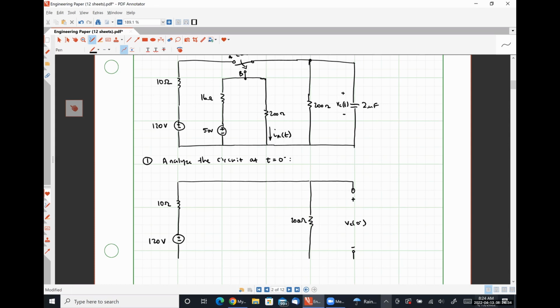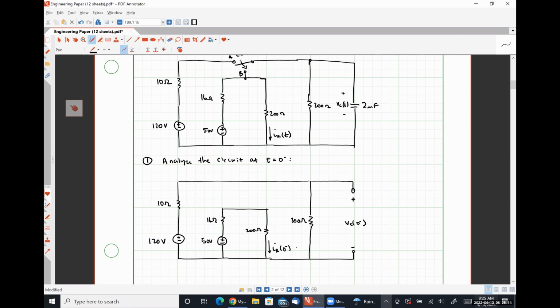Terminal B is open circuited. So effectively, inside this guy, we're going to have this smaller circuit, where here's our 16 ohm resistor, here's a 200 ohm resistor, and here is our current IR at 0 minus.